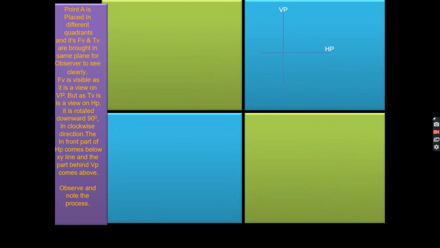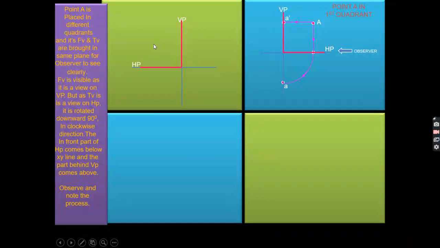So as I mentioned earlier, showing here, this is your vertical plane and this is your horizontal plane. So if you are drawing the projection of any point A, then you have to move the horizontal plane in the clockwise direction like this. So suppose now your object is in the second quadrant. This will be your front view and this will be your top view.